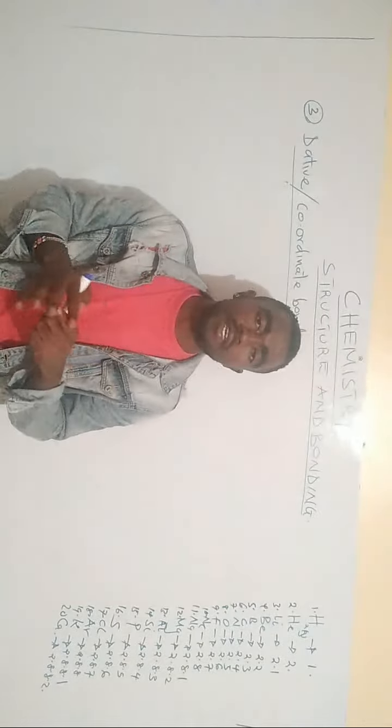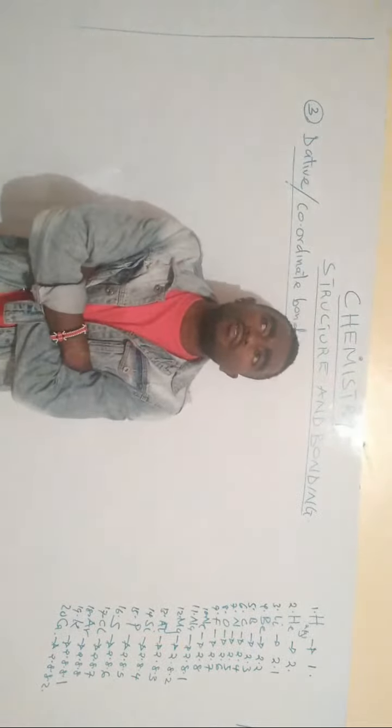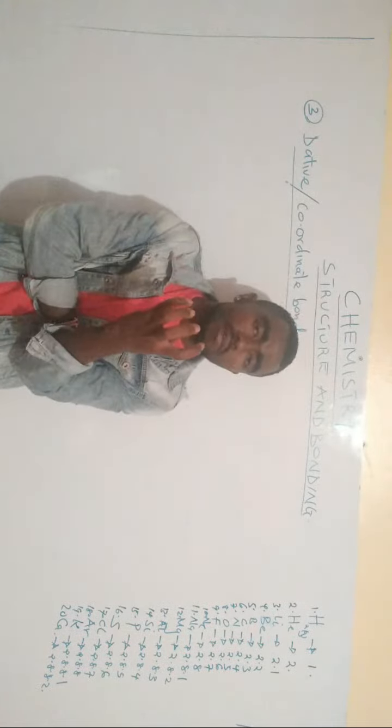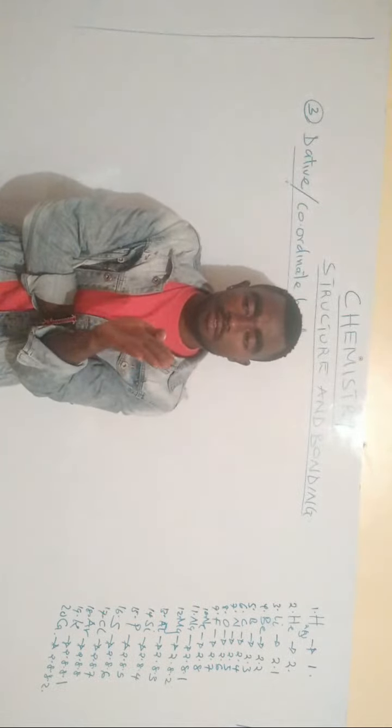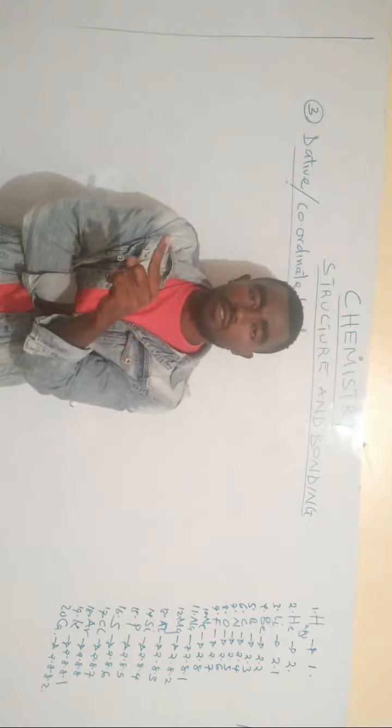It's like the atoms which are combined together are sharing the electrons, but not equally, as we have seen in the covalent bond. In the covalent bond, they are sharing electrons equally. If you're talking of, for example, a molecule like hydrogen, we find one atom has one electron, the other one has one electron. So for them to be stable, one is giving the other one electron, and the other one likewise gives one electron.